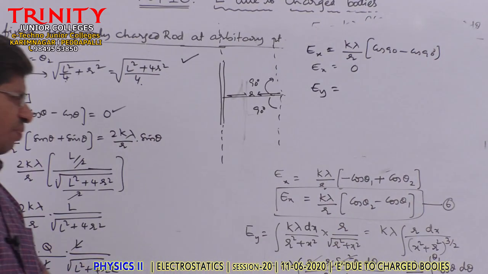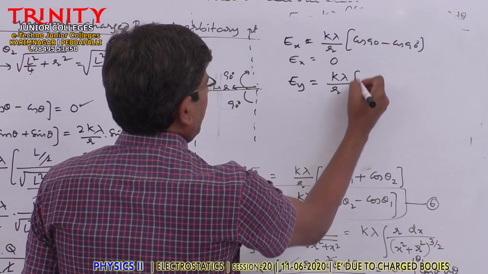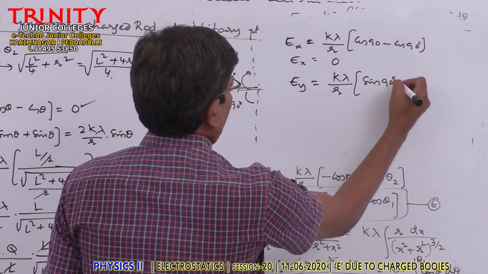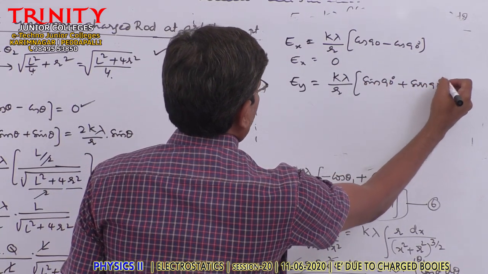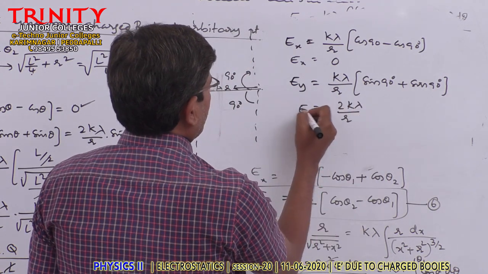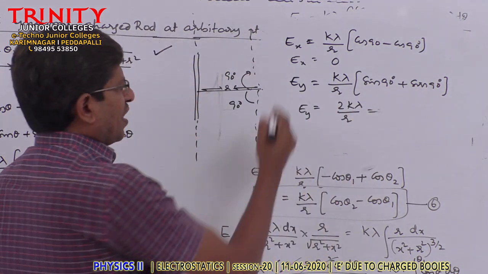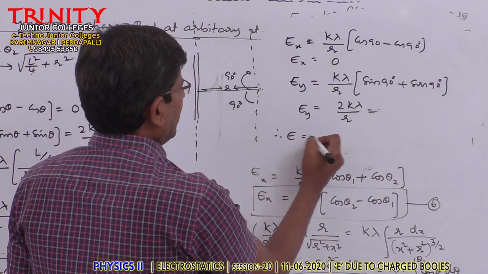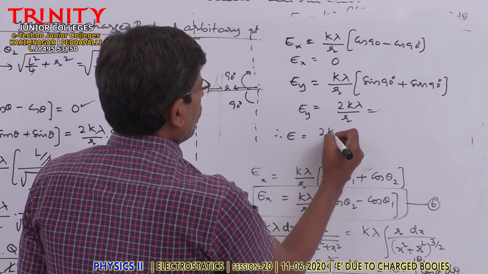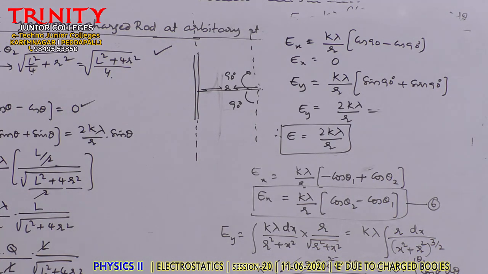The y component was k lambda by r into sin theta 1, that is 90, plus the other one is also 90, 1 plus 1 is 2. Therefore Ey is 2k lambda by r. There is no Ex, therefore you can say E is 2k lambda by r. This is the previous result we got in the case of the infinitely charged rod.